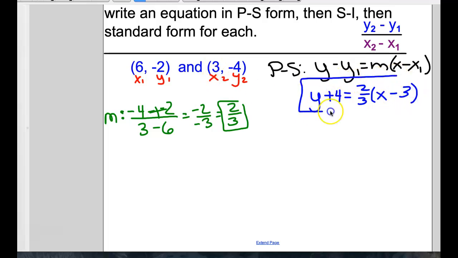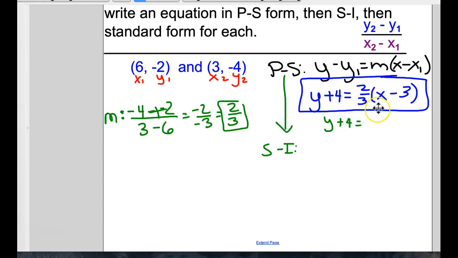Now that I have my point slope equation, I can turn point slope into slope-intercept form. Always distribute first. So I drop down my left side. I distribute on the right side, 2/3 times x, 2/3 x. 2/3 times a negative 3, positive times a negative is going to be a negative. 2/3 times 3 would give me 6 over 3, which is 2.